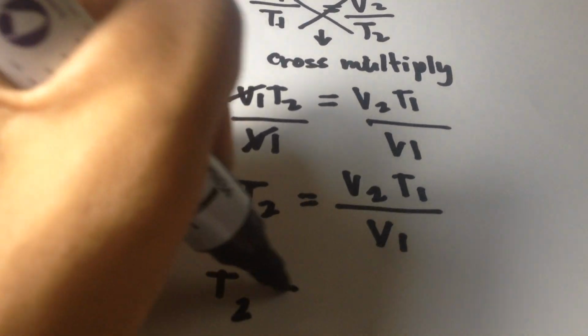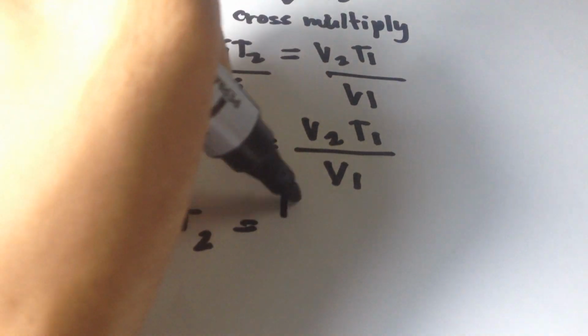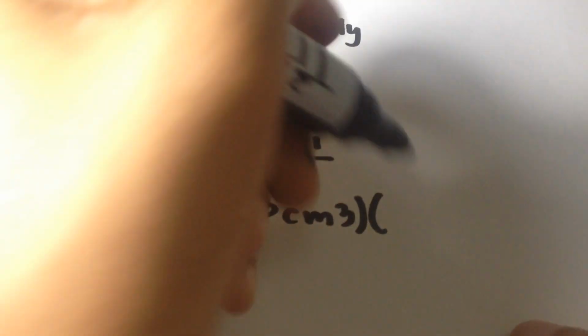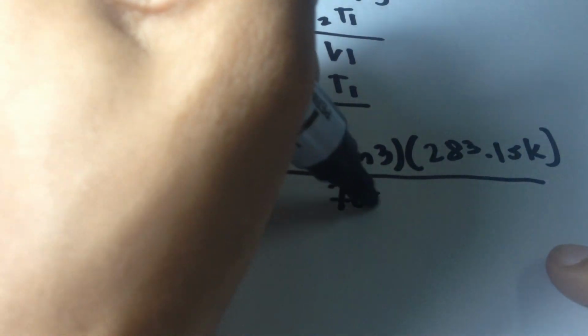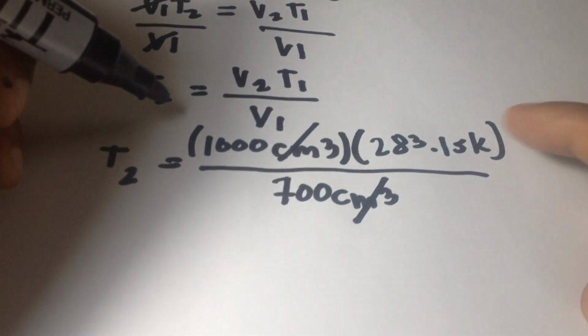For temperature 2, you need to plug in those values. Volume 2 is 1000 cubic centimeters, times temperature 1, which is 283.15 Kelvin, divided by volume 1, which is 700 cubic centimeters. Cubic centimeters cancel out, and what is left is Kelvin.